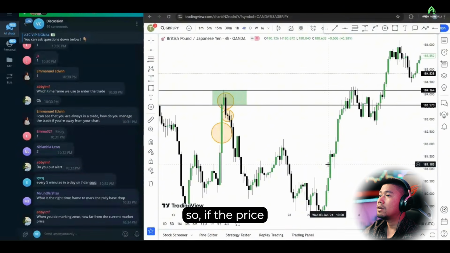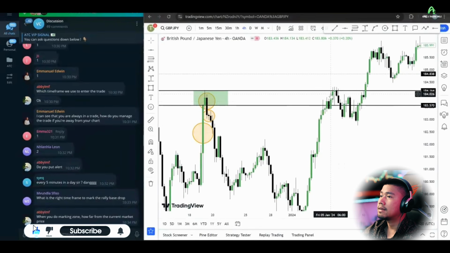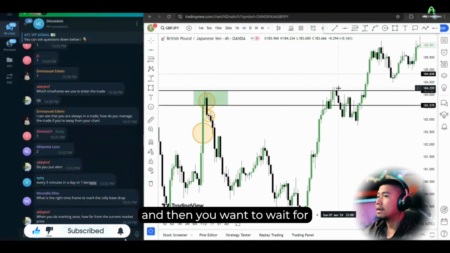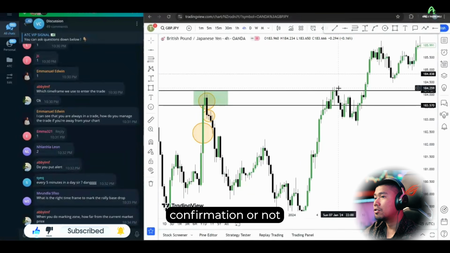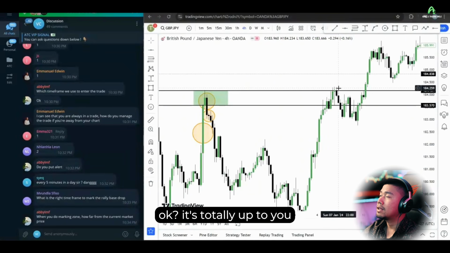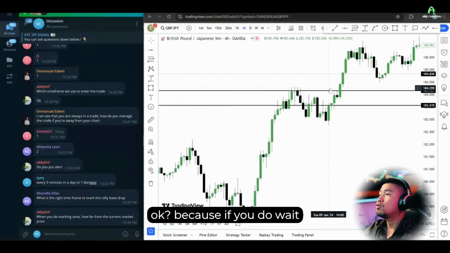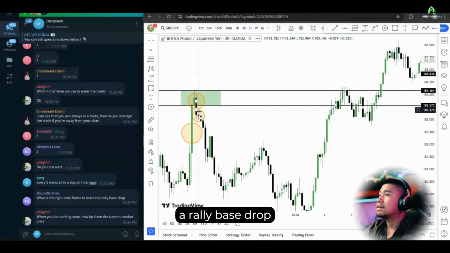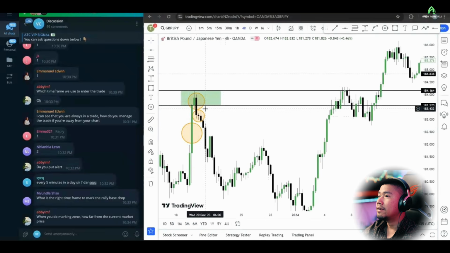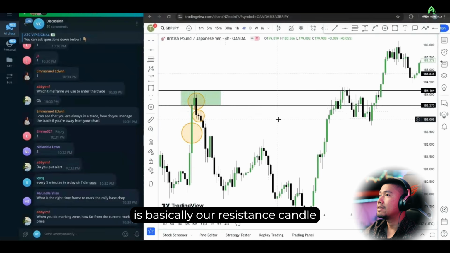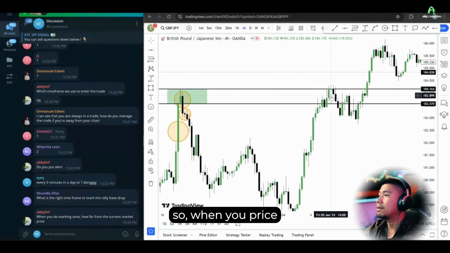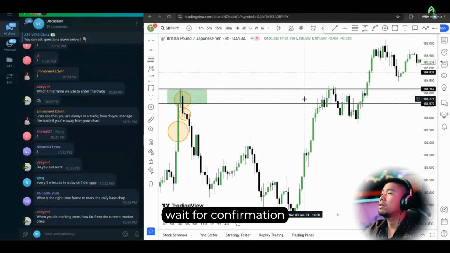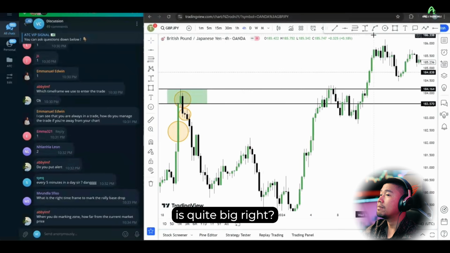Okay, so if the price enters this area, either you want to wait for confirmation or not. Okay, it's totally up to you. Because at this area we have a rally base drop. Rally base drop basically is our resistance candle. Okay, am I right? So when the price enters this area, let's say you want to wait for confirmation because this area is quite big, right?